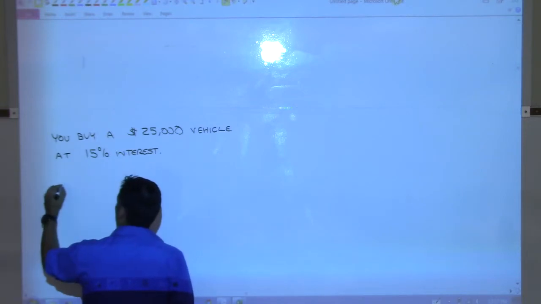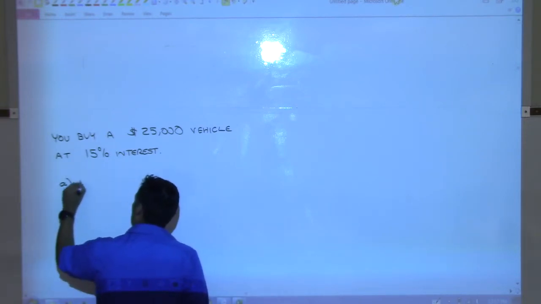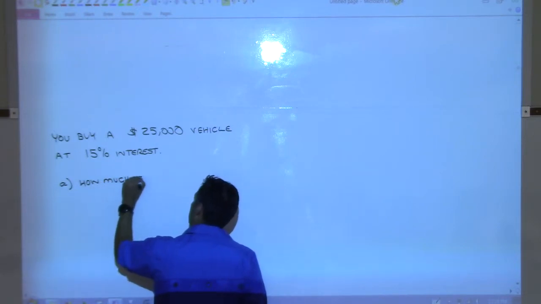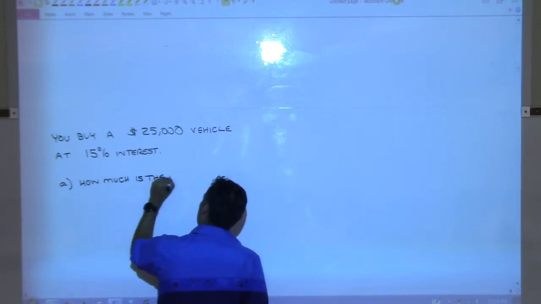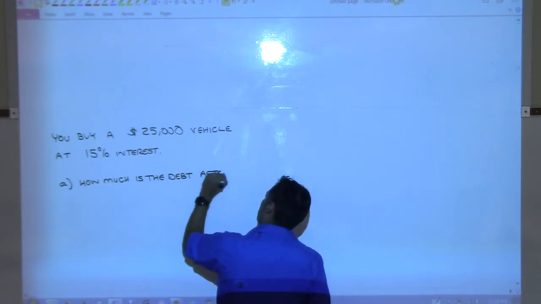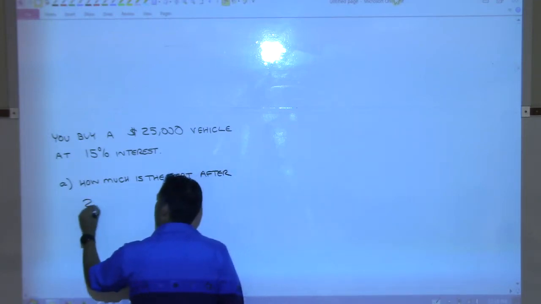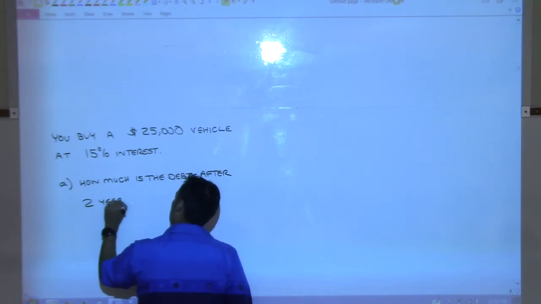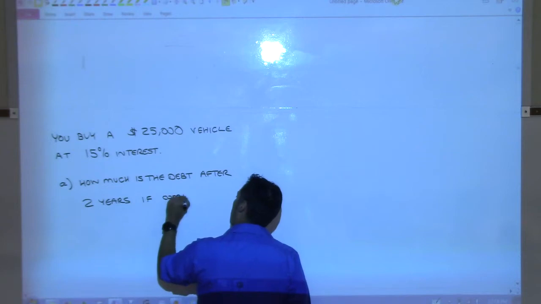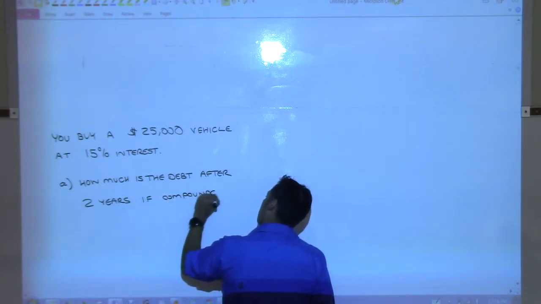Okay, so here's the first question, part A. How much is the debt after 2 years if the interest is compounded monthly?